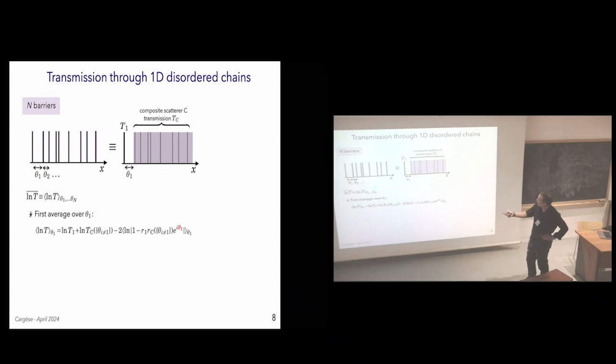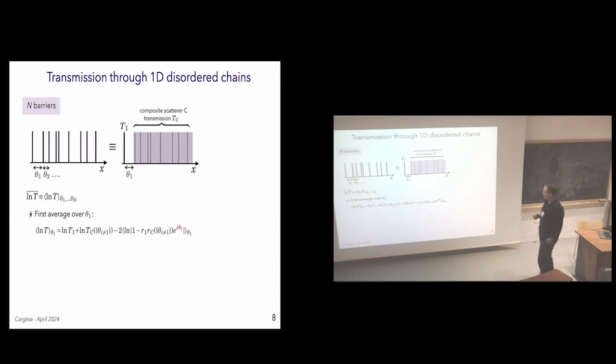You take this whole system and look at it as a kind of generalized Fabry-Perot, which would consist of the first barrier, coupled to a composite scatterer that is formed by all the other barriers. Then you can use the Fabry-Perot formula for this composite system, and the average over θ1 just runs over this third interference contribution.